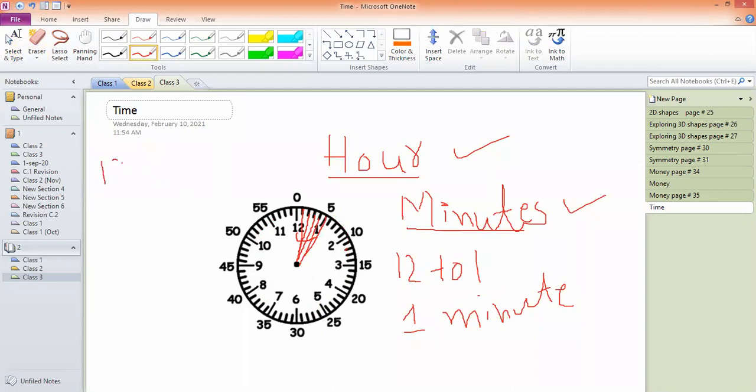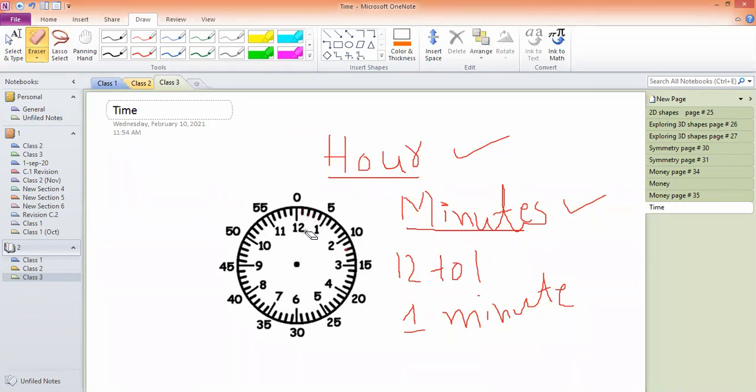From 12 to 1, you have 5 minutes. 1, 2, 3, 4, and this is 5. So these are actually representing minutes. Every interval here is a minute.